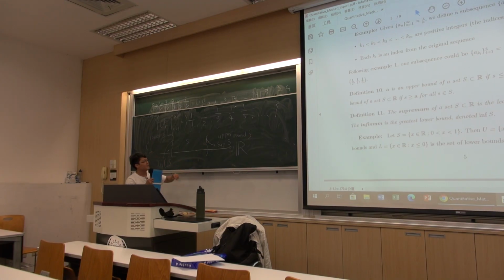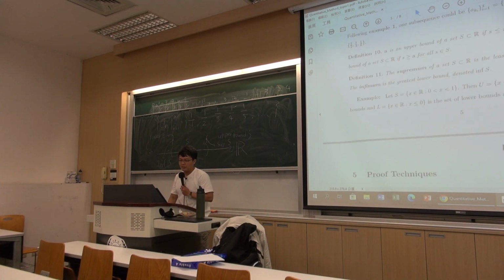And similarly, we can find the lower bounds of S, which means the set of lower bounds is the collection of all the lower bounds of S. So any number in here is smaller than every element in S. And within this lower bound set, we can find the greatest one, and we'll call it inf of S. So that's how you can see it.